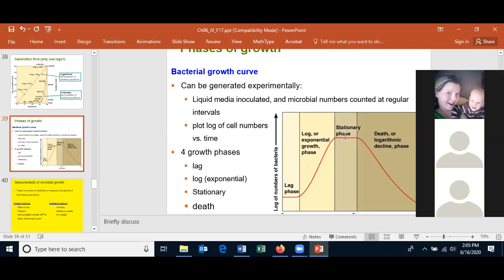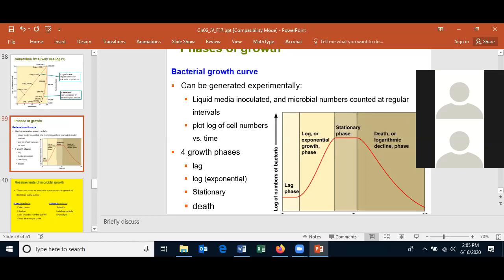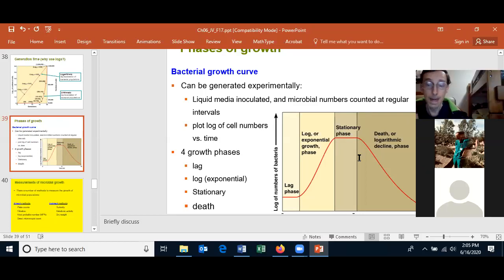The lucky cells have some nutrients around them, not very much waste product, and they have some space, so they can grow. The unlucky cells have only a few nutrients or maybe no nutrients around them, lots of waste products, and not much space, and so they're dying. The population is stationary because the number of cells dying equals the number of cells growing.